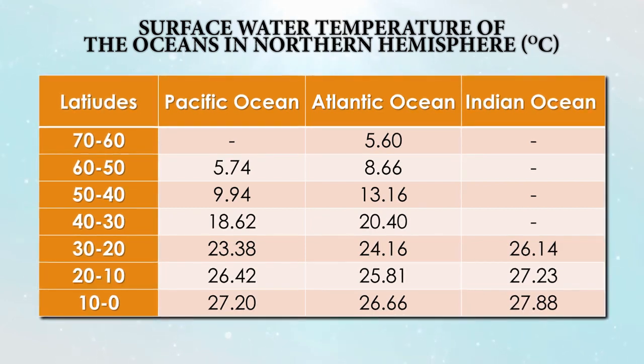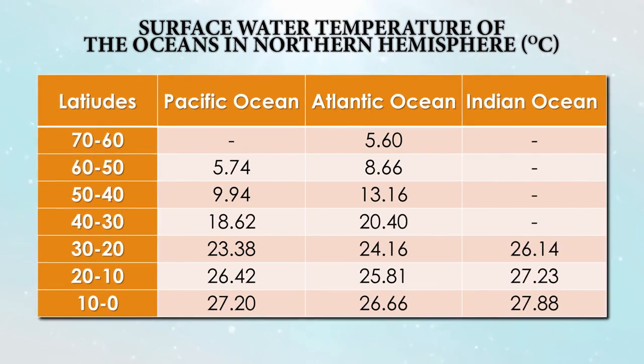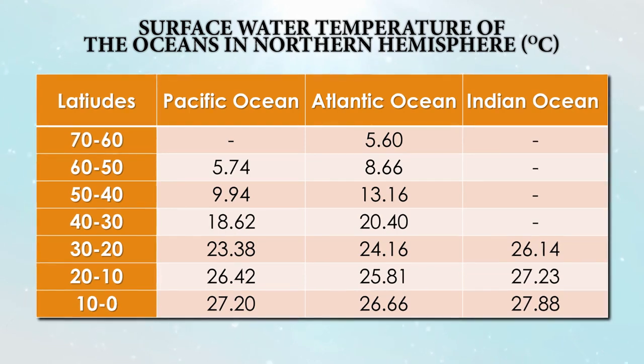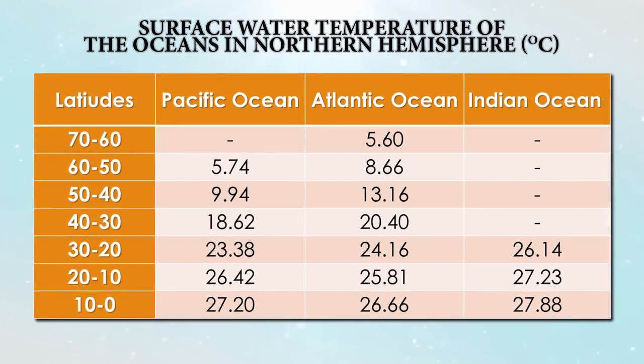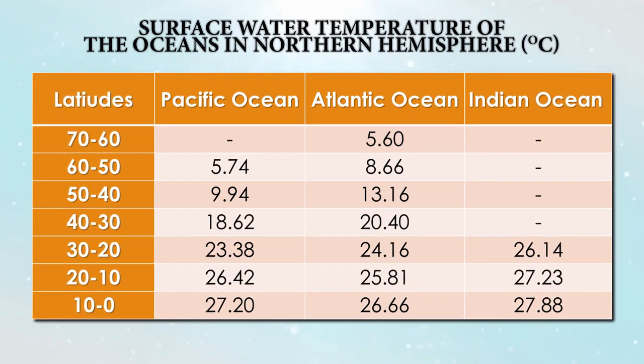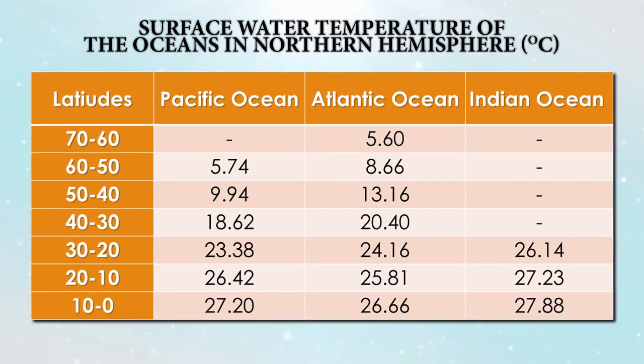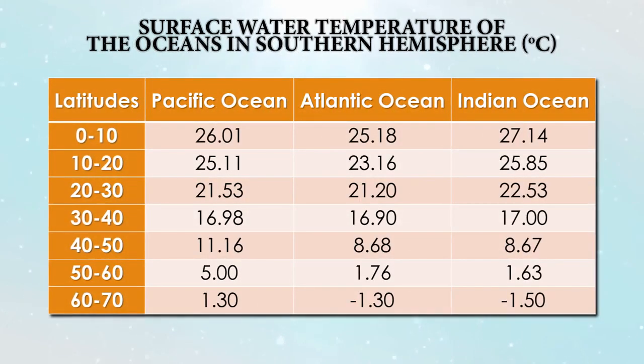You can see that the surface water temperatures are lower in the Pacific Ocean compared to the Atlantic Ocean, like 5.74 degrees centigrade is reached at about 50 to 60 degree latitudes in the Pacific Ocean, compared to the Atlantic Ocean where this temperature is reached at about 60 to 70 degrees. You can compare the oceans this way, looking at the surface temperature of the oceans in the northern hemisphere in this table.